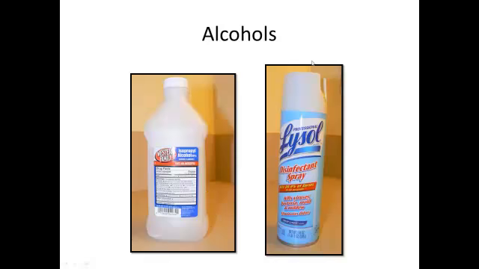So we put them in these pressurized canisters so that air doesn't get in as you force it out. And also, we put in other chemicals that help the alcohol to lay down so it doesn't beat up on your countertops. And we'll talk more about those surface active ingredients later on.